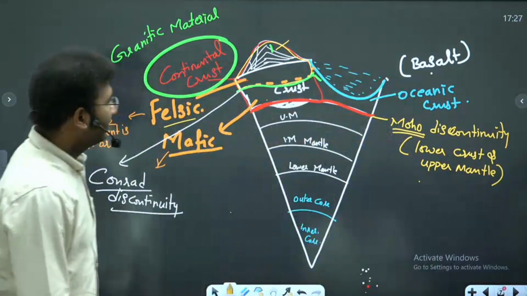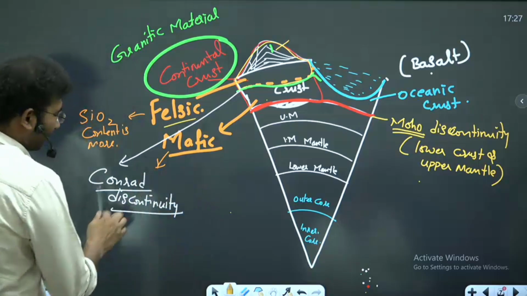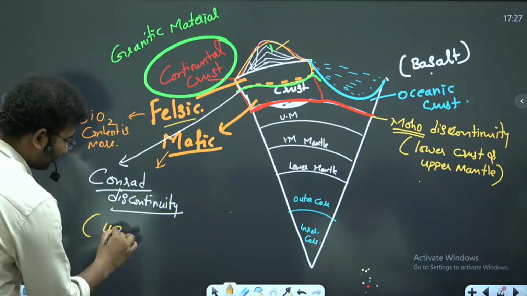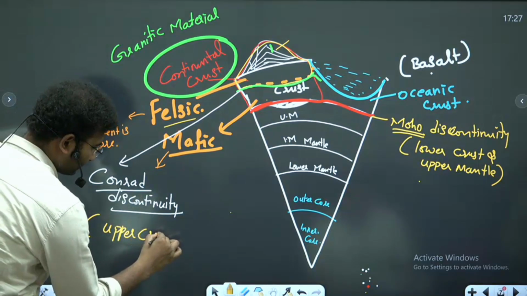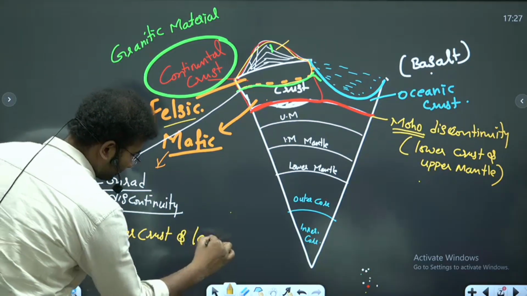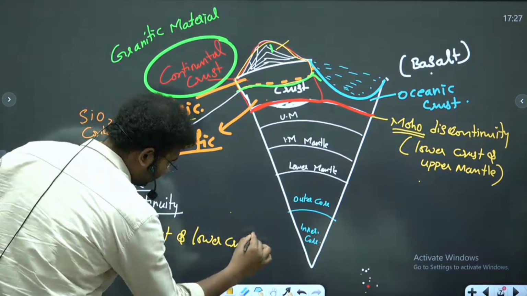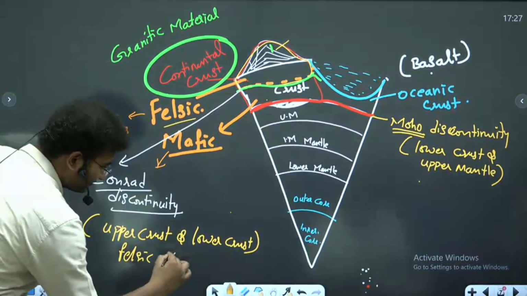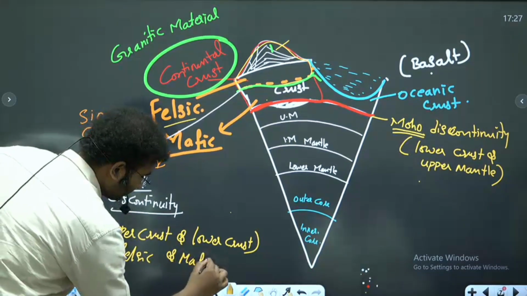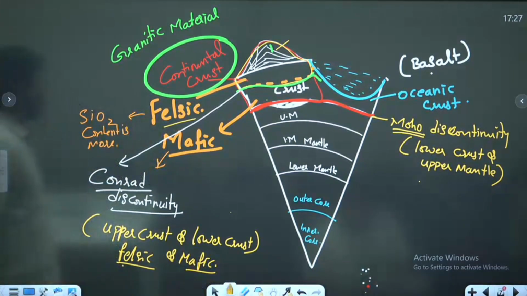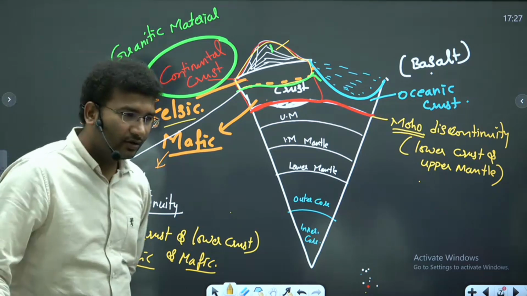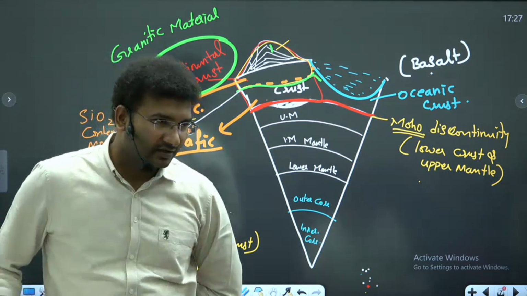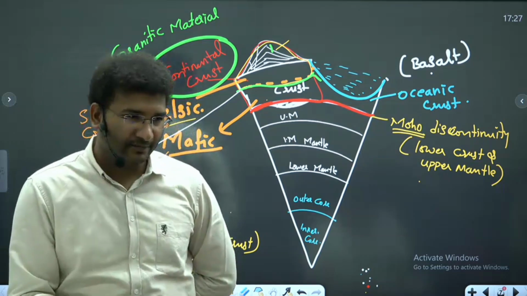Right? Now come back. What is Conrad discontinuity? Can I call it like this? Which one has more silica content? In felsic. In mafic the silica content is less, and continental crust is made up of sial, oceanic crust is made up of sima. That means your mantle is also made up of sima.